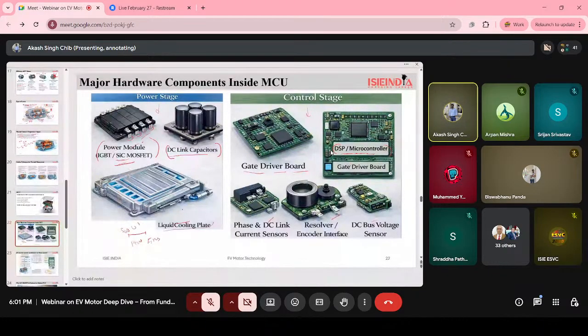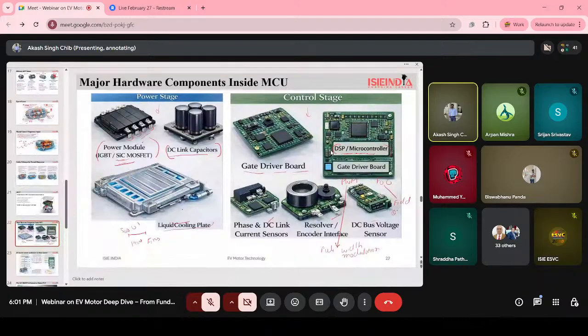You can see PWM and FOC. What is PWM? PWM is pulse width modulation. And FOC means field oriented control.